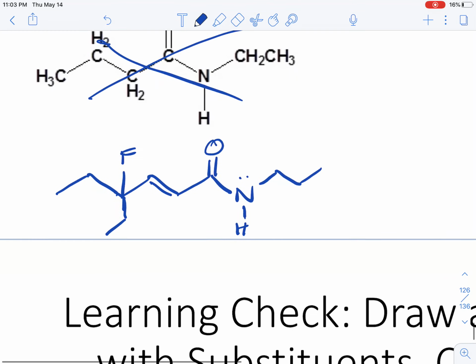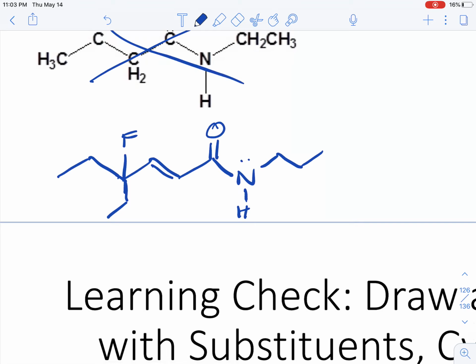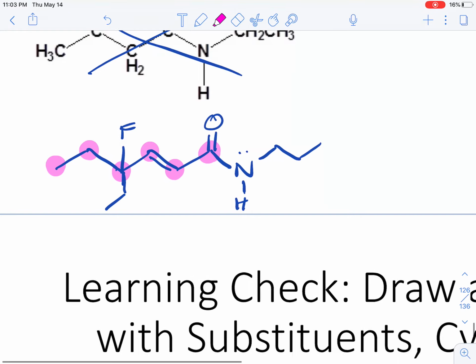All right, so let's go ahead and name this specific skeletal structure, this organic compound. And so I recognize that I have an amide and that this is my carbonyl group. And so therefore, this is probably my parent chain. And so here I have 1, 2, 3, 4, 5, 6. It doesn't matter, so I'm just going to go straight across.